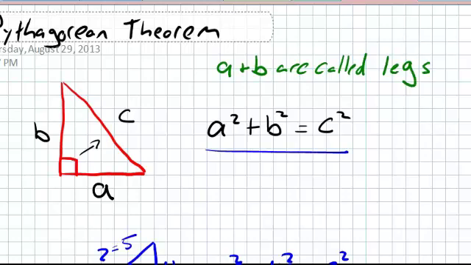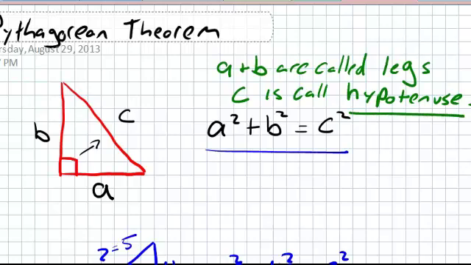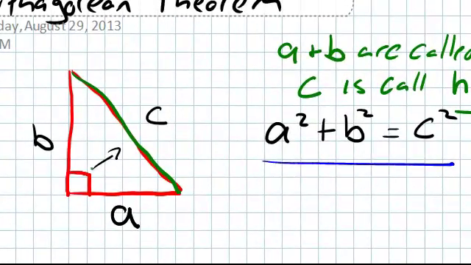And C is called the hypotenuse. Hypotenuse. It's a really fancy name for a simple idea. It's just always the longest side of a right triangle. And we always know where it is because it's always across from the right angle.